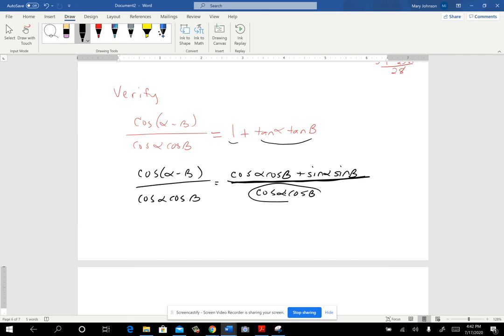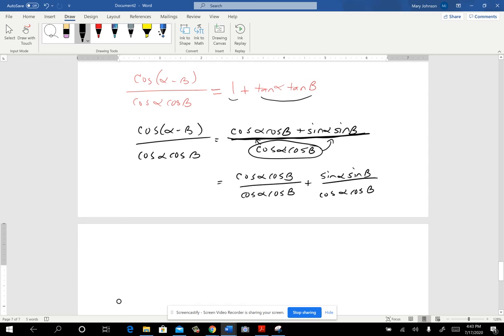So this right here needs to go into both of those, or can be written underneath each of those. So I can put the cosine alpha cosine beta there, and then I can also do that here.